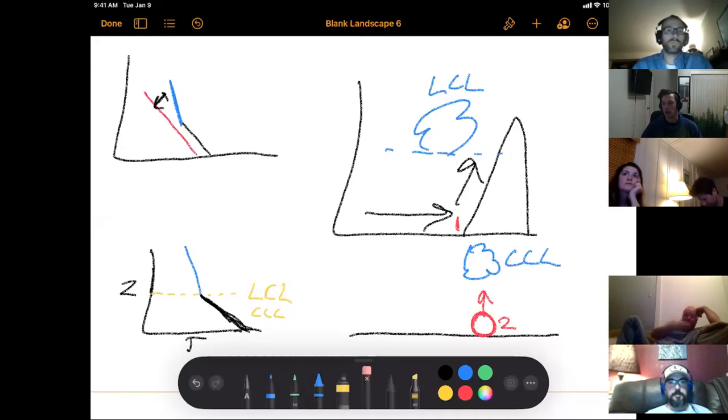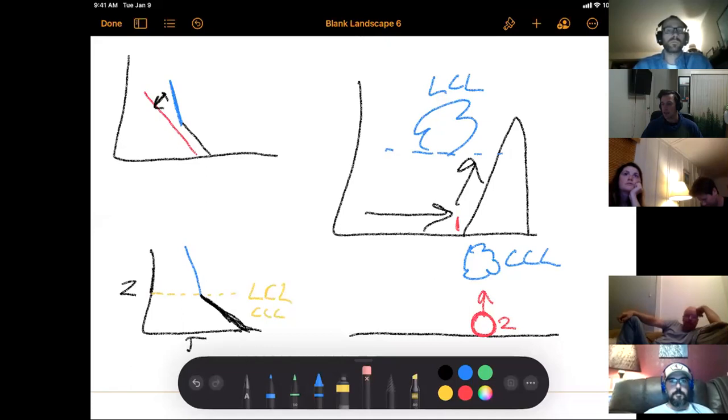Just like if we have a parcel of air on the ground, it doesn't follow this temperature profile. There is another line that we are looking at here to try and understand whether clouds would form. And I believe on this graph, it is these numbers here, or at least they look like they're going in the right direction.